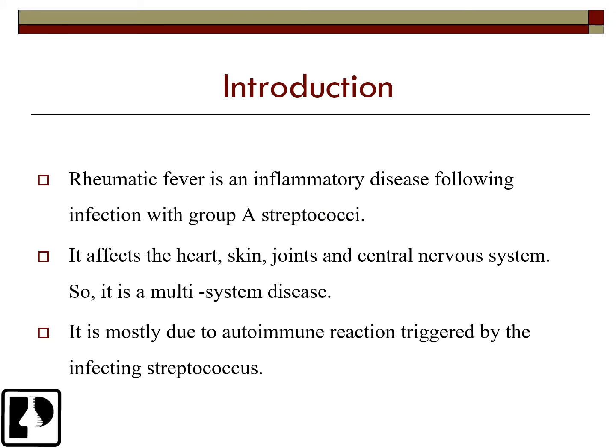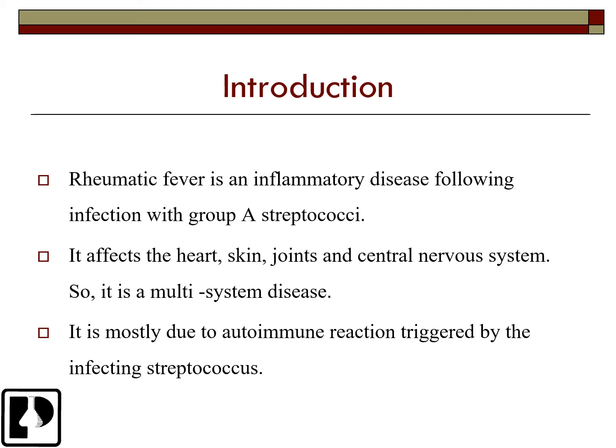Introduction. Rheumatic fever is an inflammatory disease following infection with group A streptococci. As all of you know, rheumatic fever is a disease characterized by inflammation which occurs in the heart, sometimes in the joint, sometimes in the skin, sometimes in the brain, and so on.